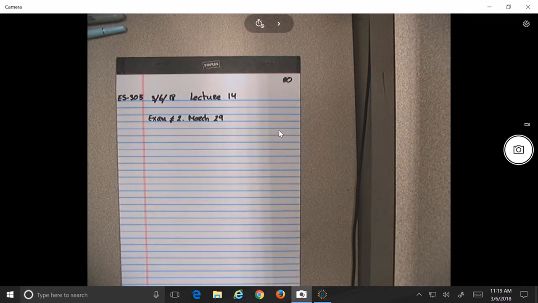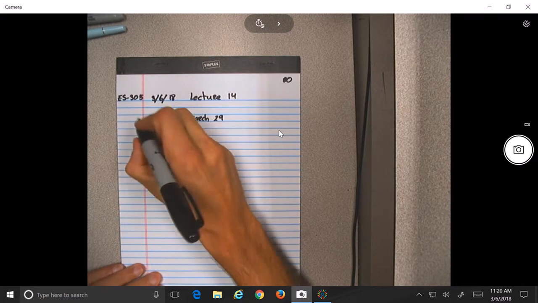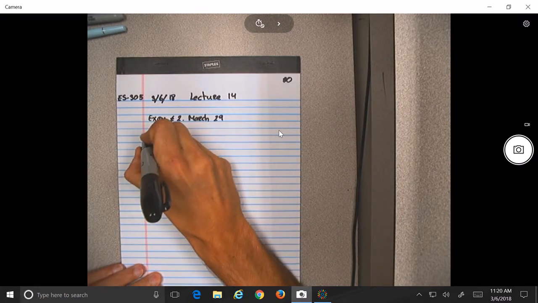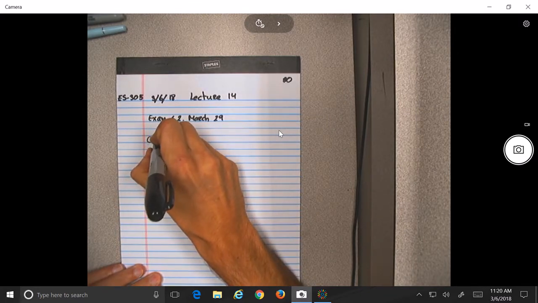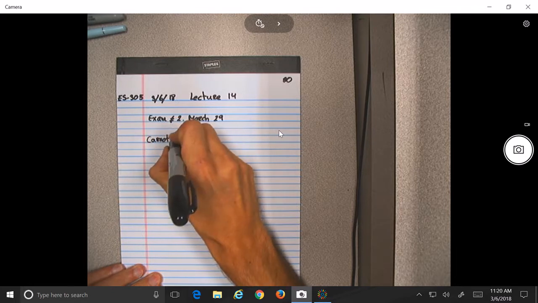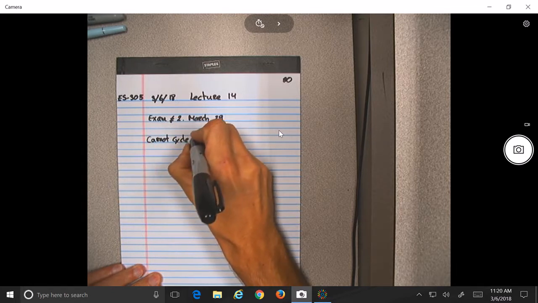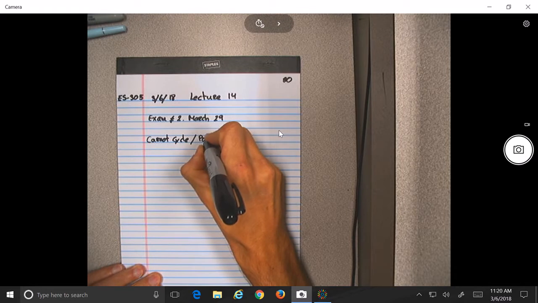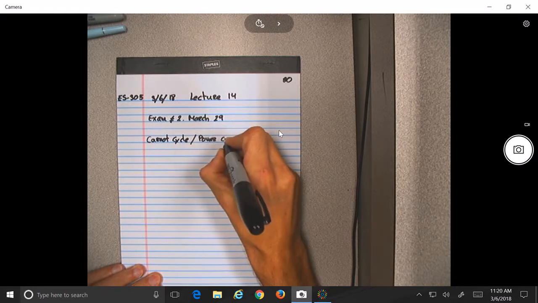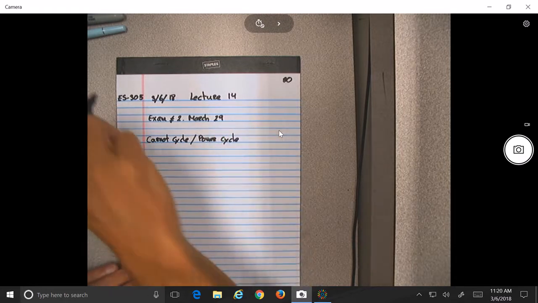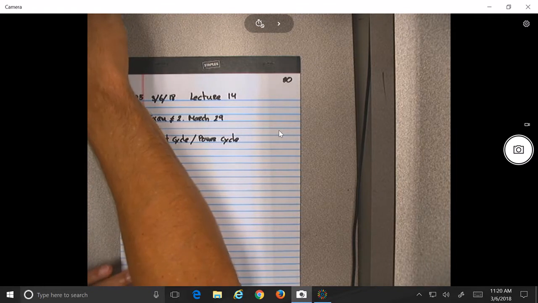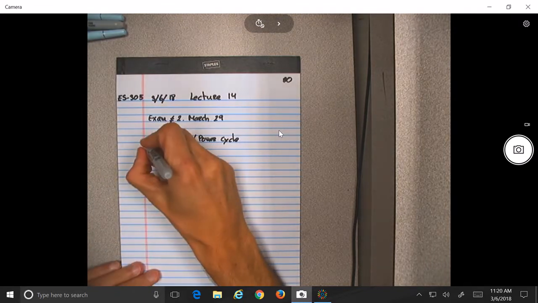So let's see, what can we do today? All right, so today we're going to study the Carnot cycle, which is also known as the power cycle.